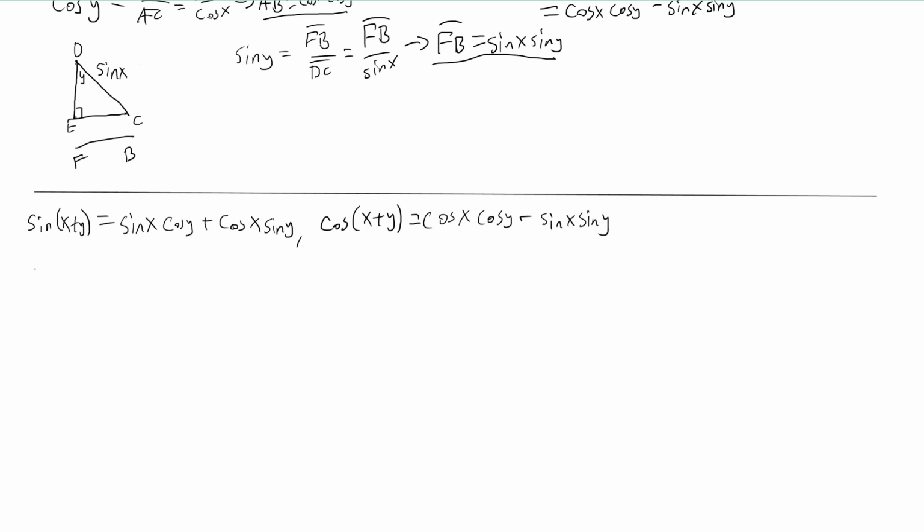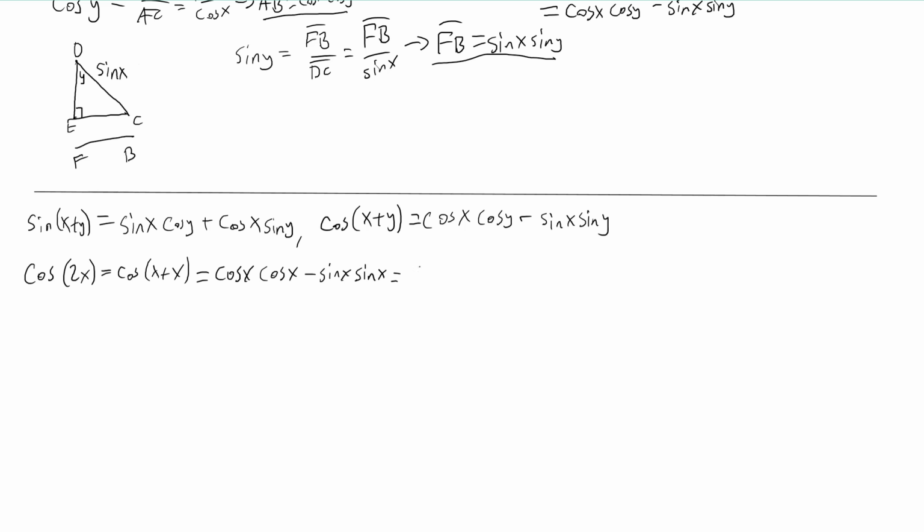So what does cosine of 2x equal? Well, this is cosine of x plus x, so I can apply the cosine formula. We get cosine of x times cosine of x minus sine of x times sine of x.